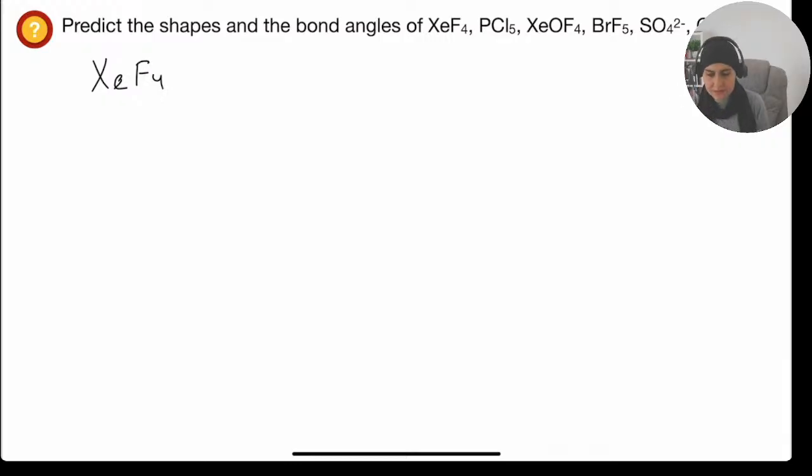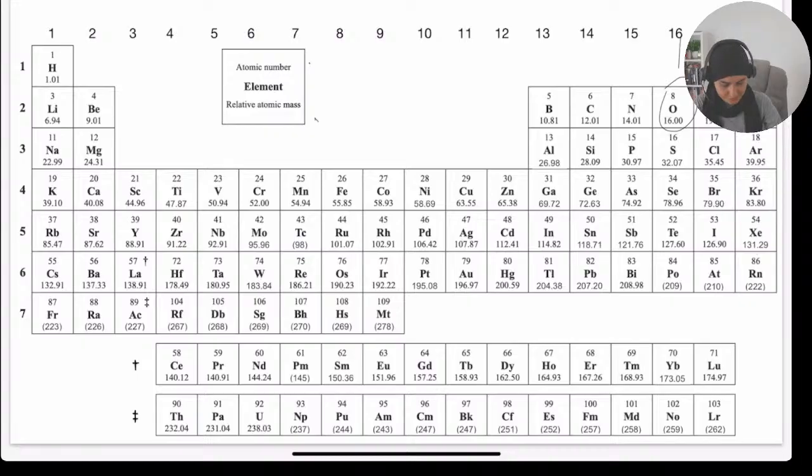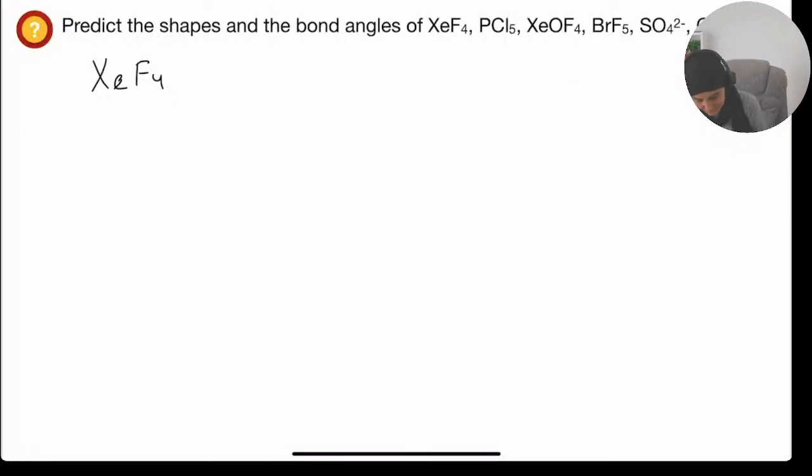XeF4, by the way, xenon, it's what? It's a noble gas. Surprise. Remember how we learned that noble gases don't form bonds? Well, guess what? Life will never be the same again. XeF4. So xenon has 8 electrons in the outer shell because it's in group 18. I started by drawing the Lewis structure, because I have to find out the number of lone pairs on xenon to find out what the shape is.